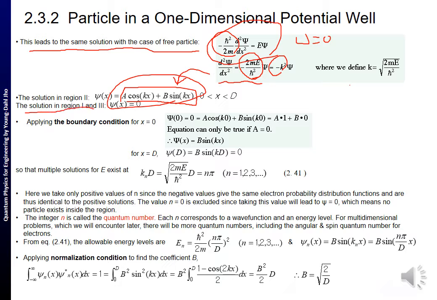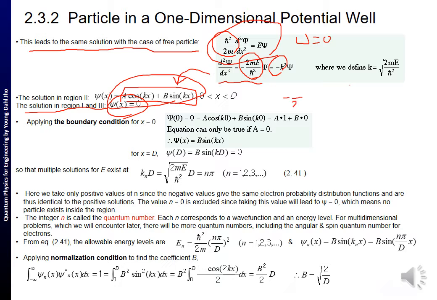The solution in region 1 and 3: wave function psi should be 0. We can think of why. For example, this one was the case of region 2.